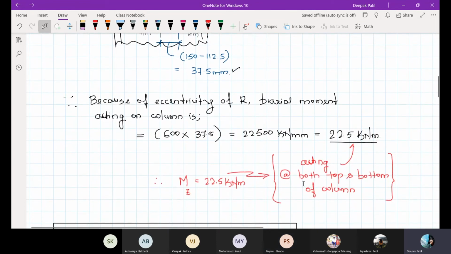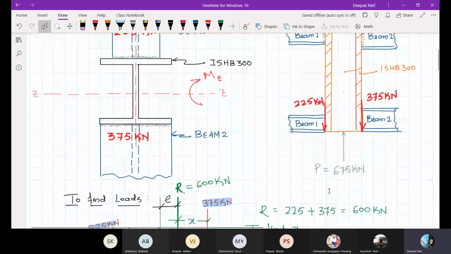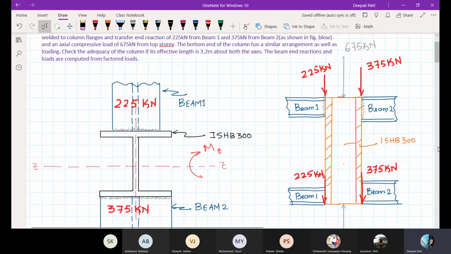But now tell me why I said this bending moment Mz is the same at both top and bottom of the column.